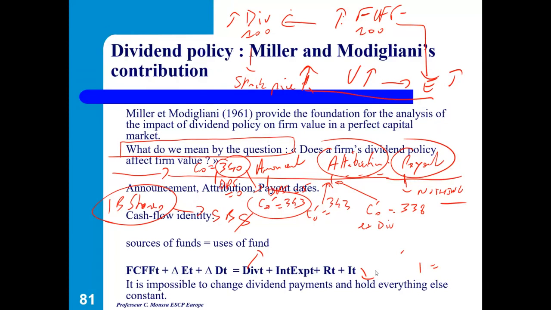Is that good news or bad news? Maybe bad news. Because if you have positive NPV investments and you renounce the investment to pay dividend, then the firm value will decrease, and then paying dividend will lower the stock price.